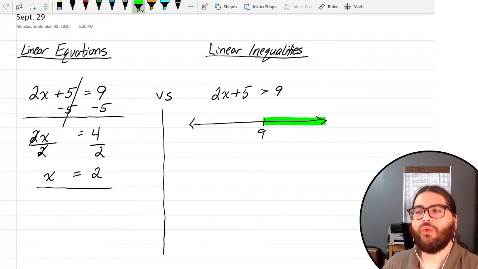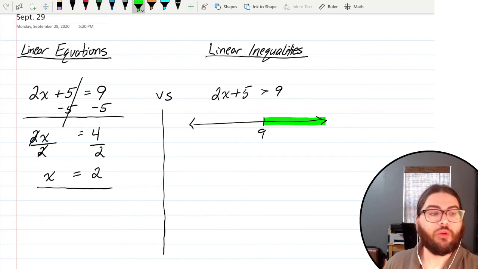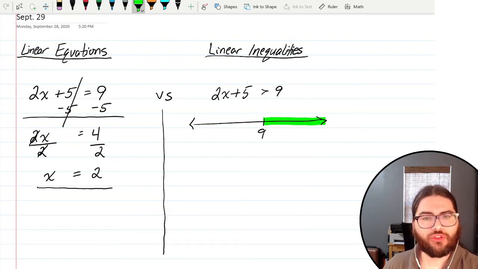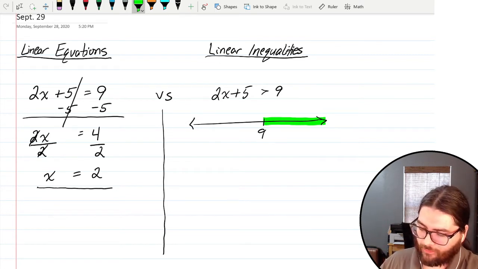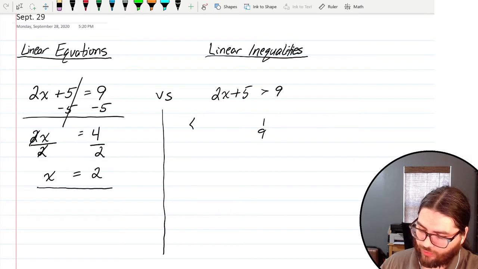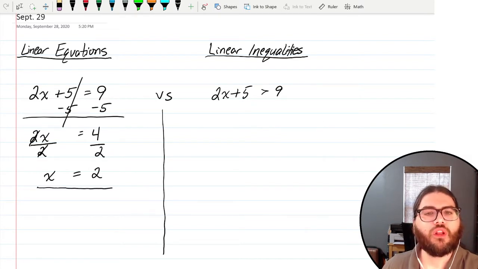And so we usually use something like a number line to represent this because there is an entire range of solutions here. I can't list every single one of them. I'm going to have to come up with a better way to show that. So usually I'll use something called interval notation to show that. Let me solve this inequality first before I show interval notation.